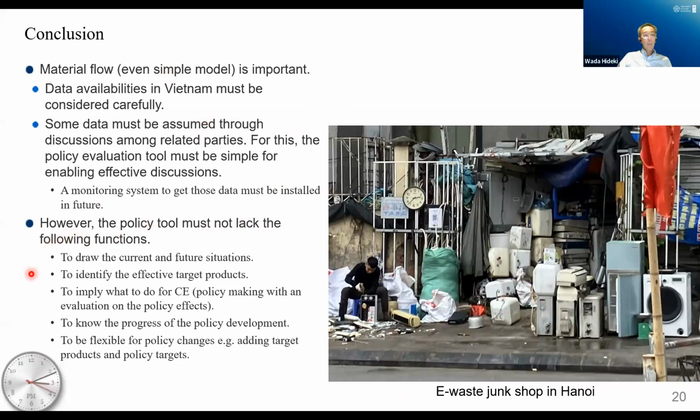But even though it should be a simple model, we don't have to forget the functions to be deployed for that kind of basic material flow. Thank you very much.